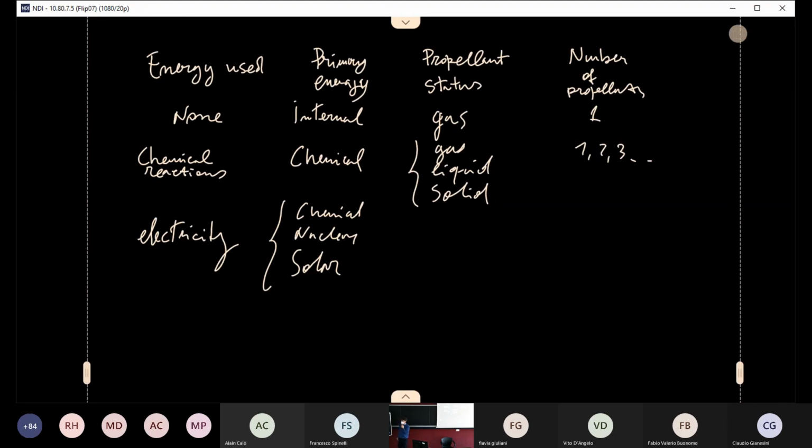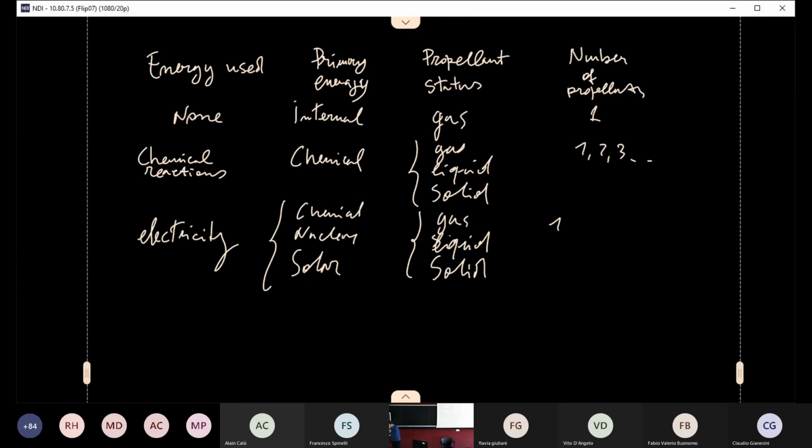We can store our propellant in different phases. Typically, we have a single propellant, and for the different kinds, we have resistojets, arcjets, or microwave thrusters.